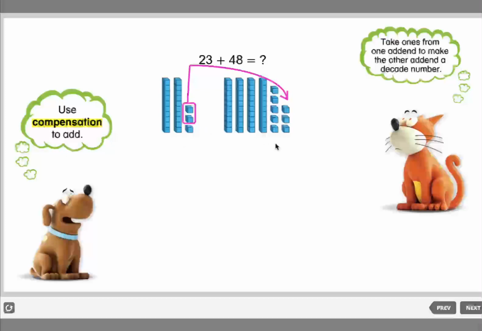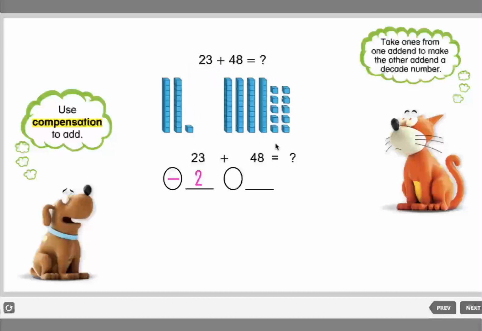So let's do this. 23 plus 48, we will take 2 from 23 and we will give these 2 to the 48. So again, my heroes, what we did, we take 2 from here, and we put them here. That's what we did till now.